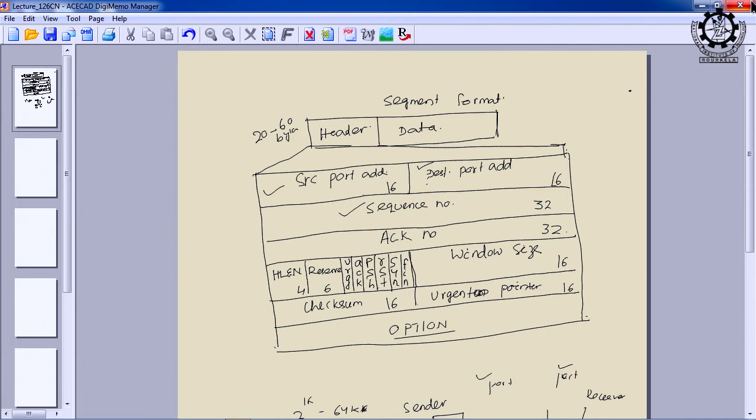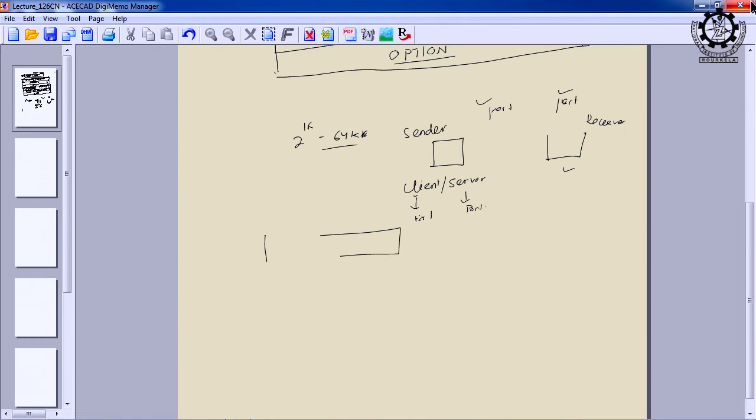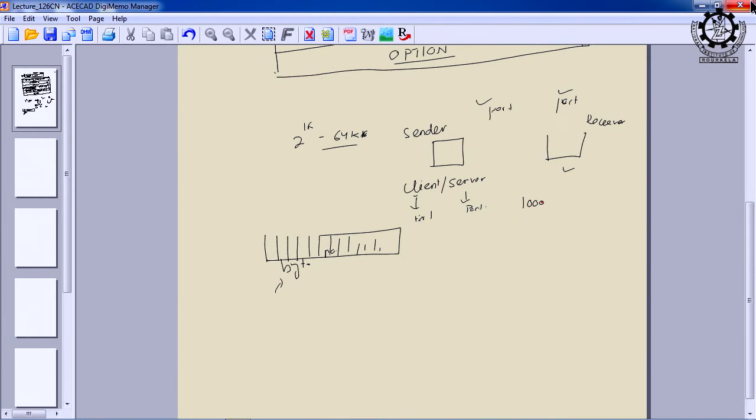We understand that TCP supports a stream data service. Stream data service means, as we discussed in the last class, every byte will have its own number. Every byte will be numbered to identify it. So, usually byte numbers are used because it is a stream data service. Let us say 1000 bytes of data are generated and divided into 100 segments, then each segment will have 10 bytes.